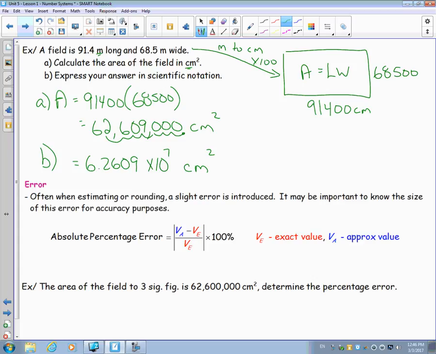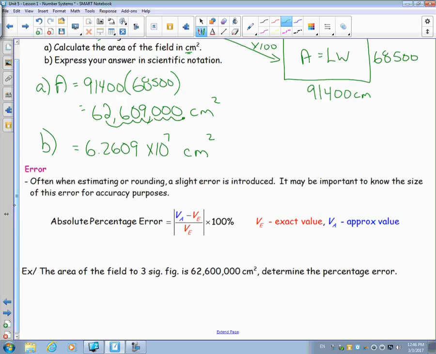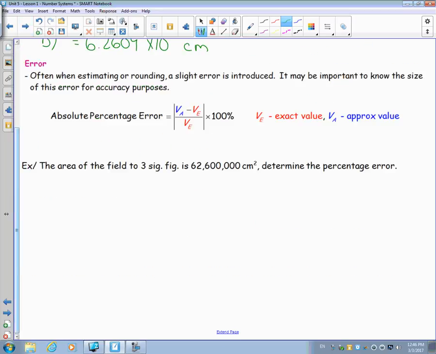Yeah, our last idea is sometimes we have error. When we round things in particular, it's taking an answer we used to have and changing it slightly. So a formula we have for error, or we call this percentage error, is you take your exact value and your approximate value and you figure out the difference between them.